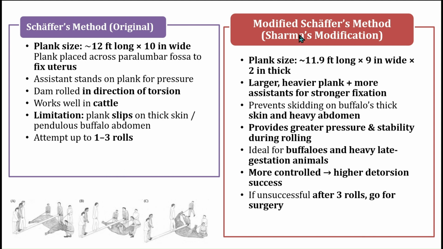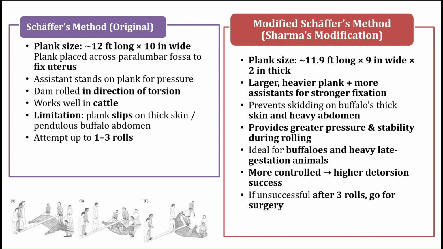In the modified Sharma's method, which is a modification of Schafer's method given by Sharma, a plank 11.9 feet long, 9 inches wide and 2 inches thick is taken. This is a larger and heavier plank, and it provides stronger fixation.